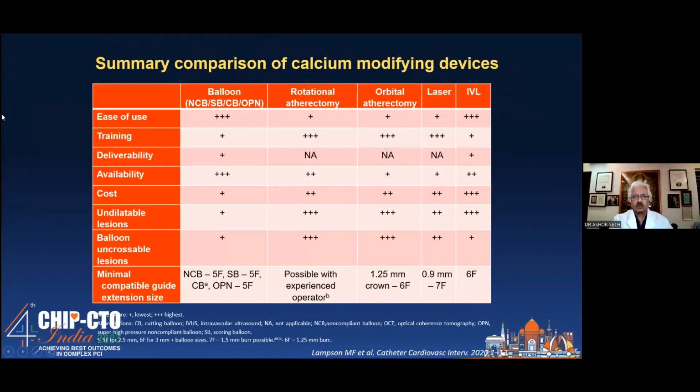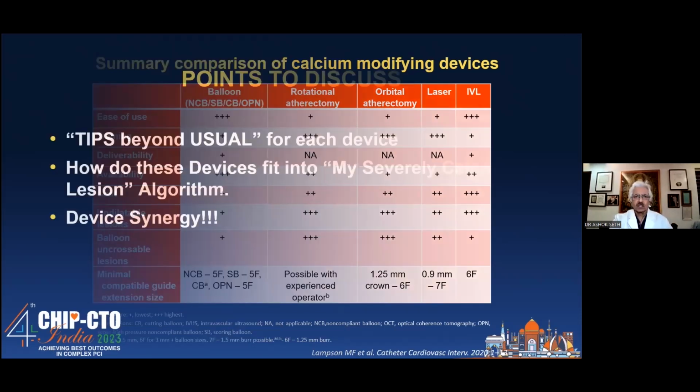But I also want you to understand that as you move up this ladder from non-compliant balloons or specialty balloons like the cutting balloons and the OPN, and you move to rotational atherectomy, orbital atherectomy, laser, and IVL, that's also the increasing expense for a patient. IVL is probably the most expensive device we have at the moment in our armamentarium. So we've got to develop algorithms which are useful for India and understand the use of these devices adequately.